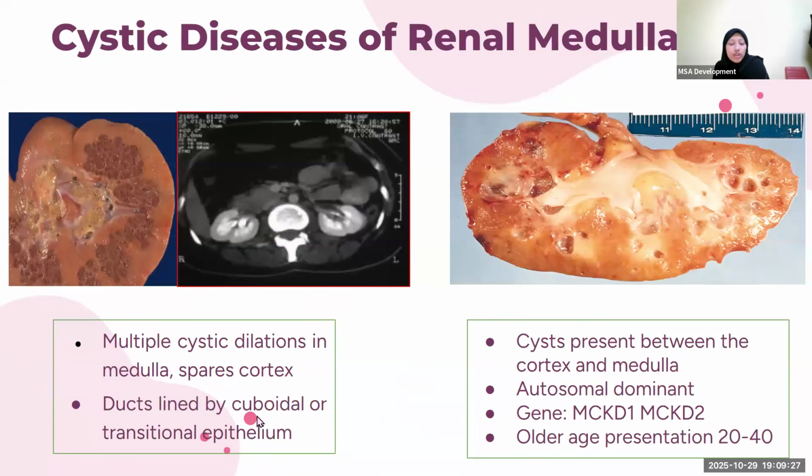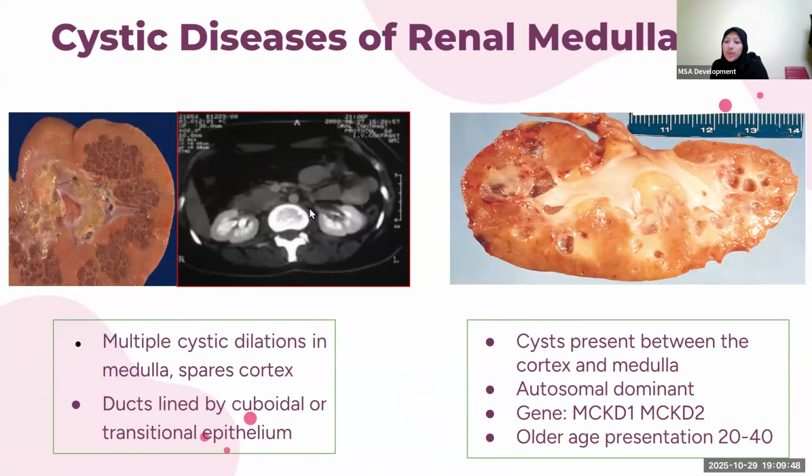And these ducts are lined by cuboidal or transitional epithelium. That is one type of the ones that I mentioned in the renal medulla. This is called medullary sponge kidney. It's only in the medulla, so it's like a sponge in the middle, right? So that's medullary sponge kidney.